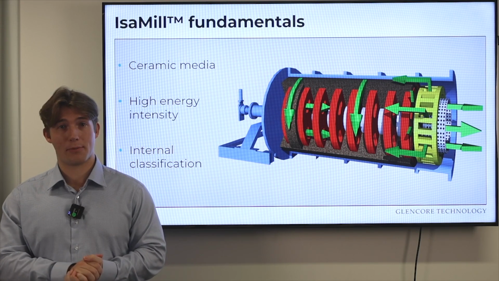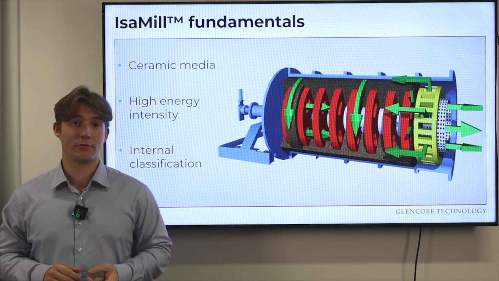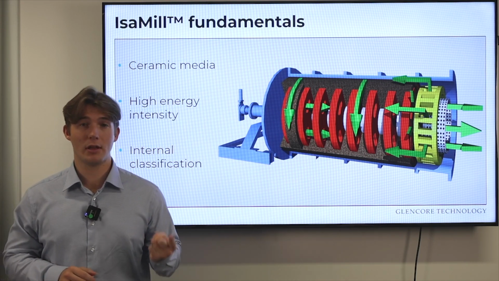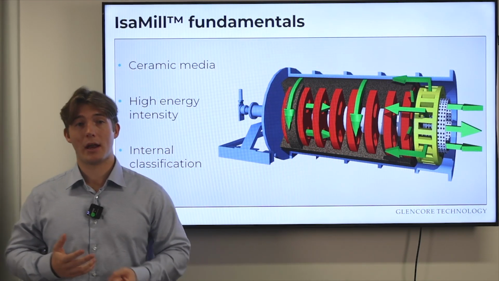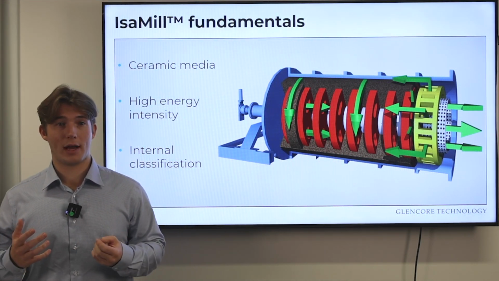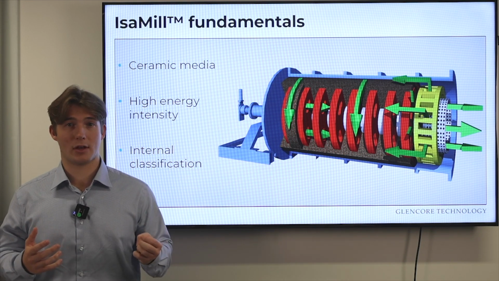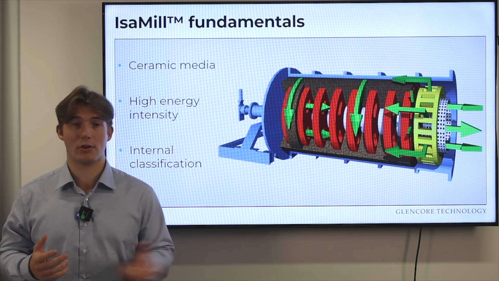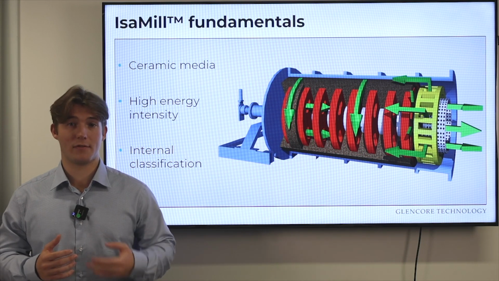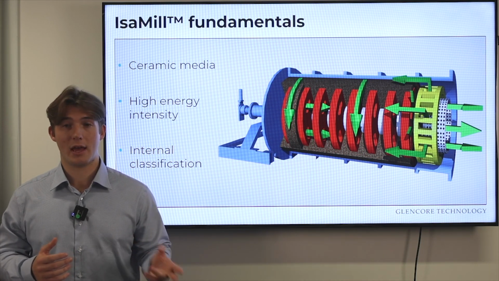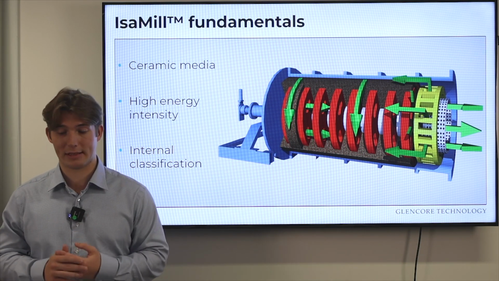This product separator mechanism is what not only retains media inside the mill, enabling the mill to have a horizontal design, but it also provides the mill with a sharper cut size as coarse materials cannot short circuit the mill. And this sharper cut size is very beneficial for flotation and downstream processes like leaching.